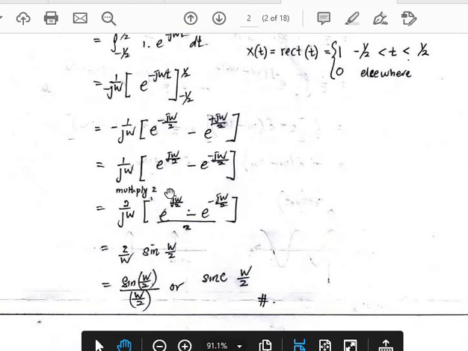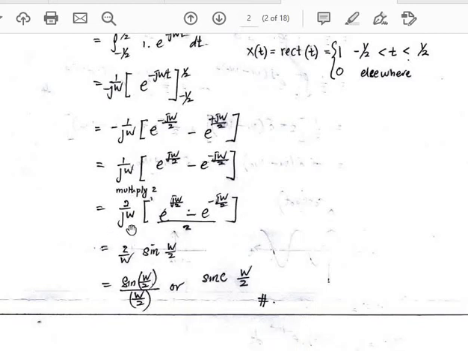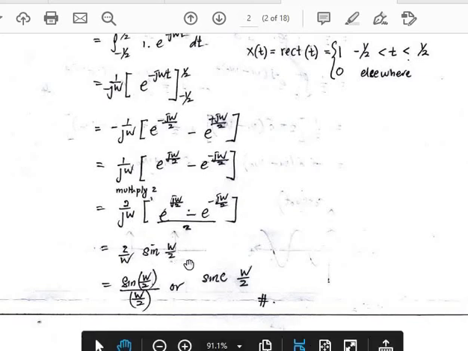So this part you can change to the sine. So you have 2 over omega sine omega over 2. If you change again, you get sin omega over 2 over omega over 2.